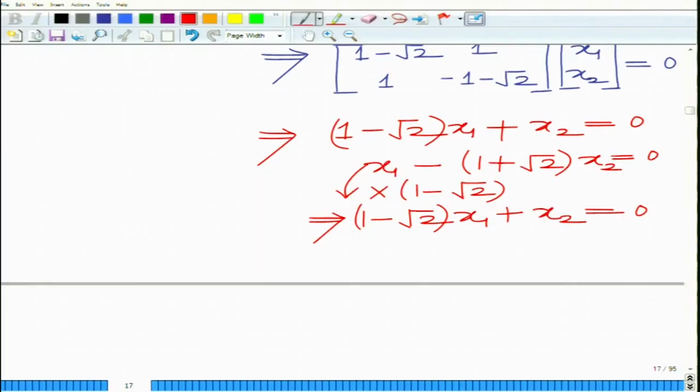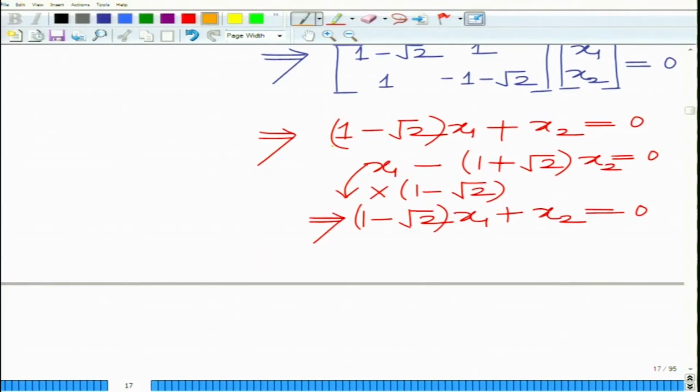So, basically you have just one equation and therefore, this has an infinite number of solutions, and that is kind of obvious because if the eigenvector corresponding to an eigenvalue is not unique, that is if x bar is an eigenvector, then x bar scaled by any constant k is also an eigenvector corresponding to the same eigenvalue, okay, and therefore there is an infinite number of eigenvectors in that sense, okay.